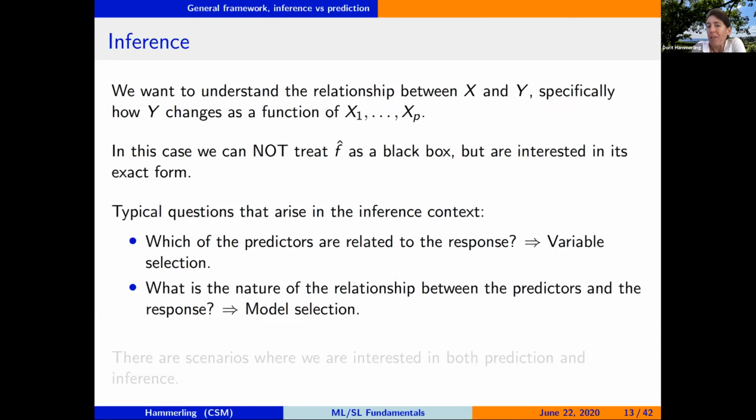The question is, do you really need all of them? And which of them are truly useful to explain your response? This is a case of variable selection. If you do this type of careful analysis, a lot of it is spent on exactly that, finding out what the relevant inputs are. And once you have that question answered, the next question is, what's the nature of the relationship between the predictors and the response?